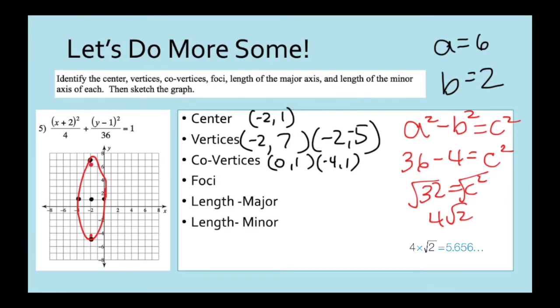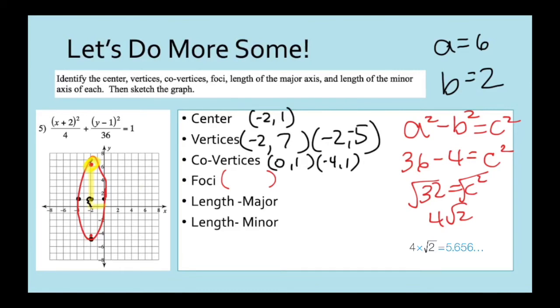So the foci here, let's do this focus that's right here. It's at an x value of -2, and it's going to go up this direction, 4 square root 2 plus this little bit right here, this 1.